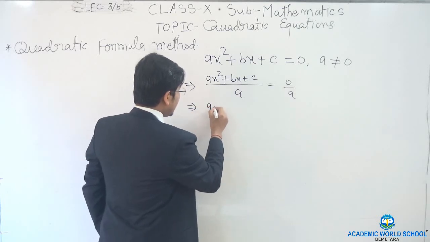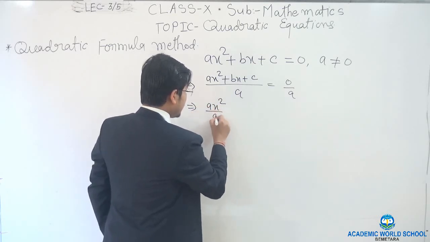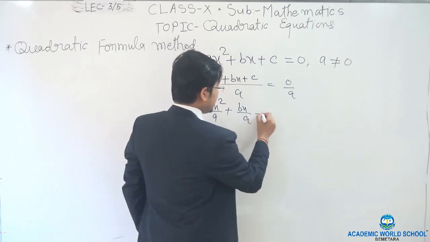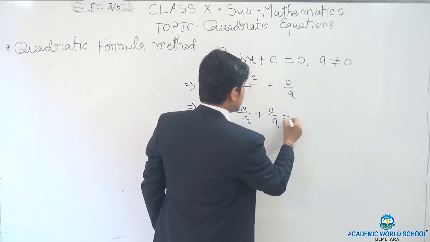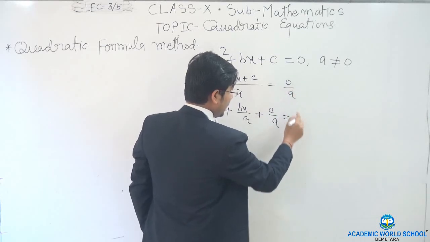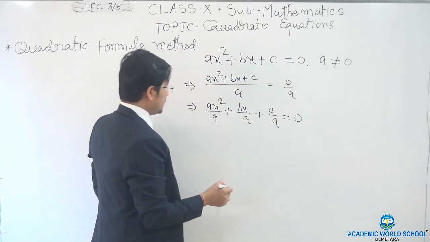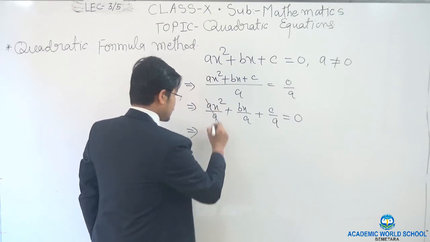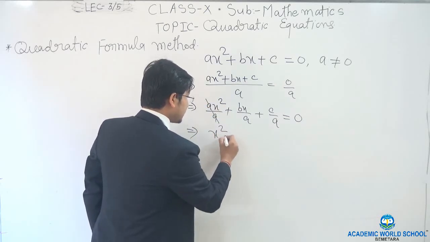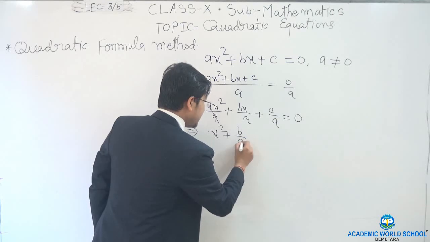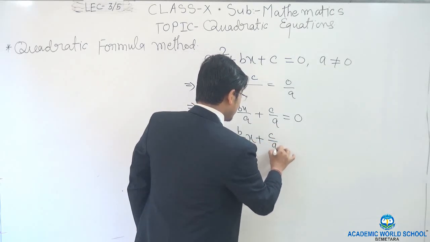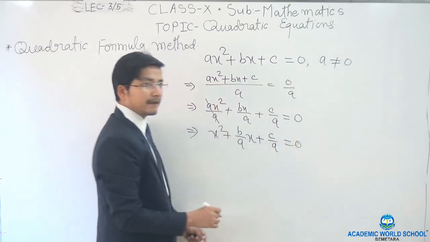Now this will be ax square upon a plus bx upon a plus c upon a, and 0 upon a is 0. So the a cancels out, and we get x square plus b upon a into x plus c upon a is equal to 0.